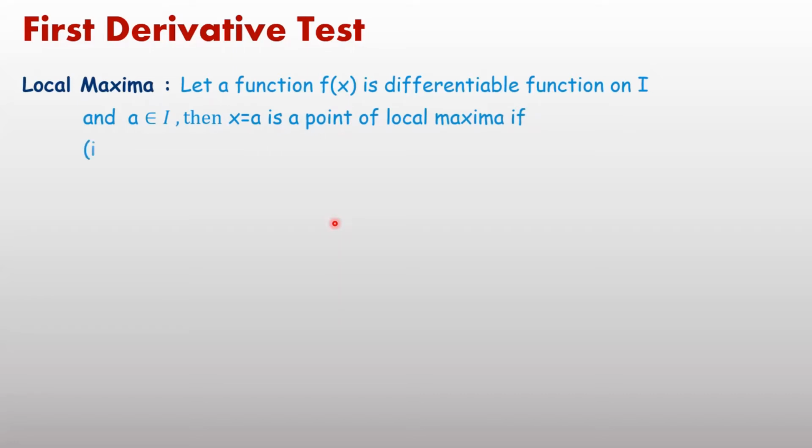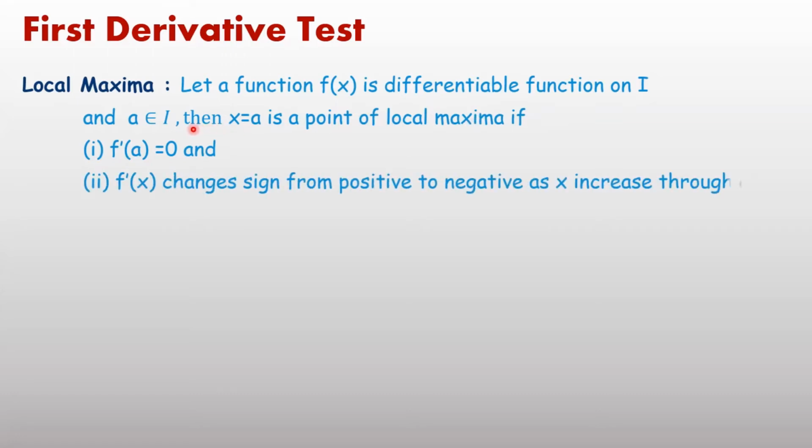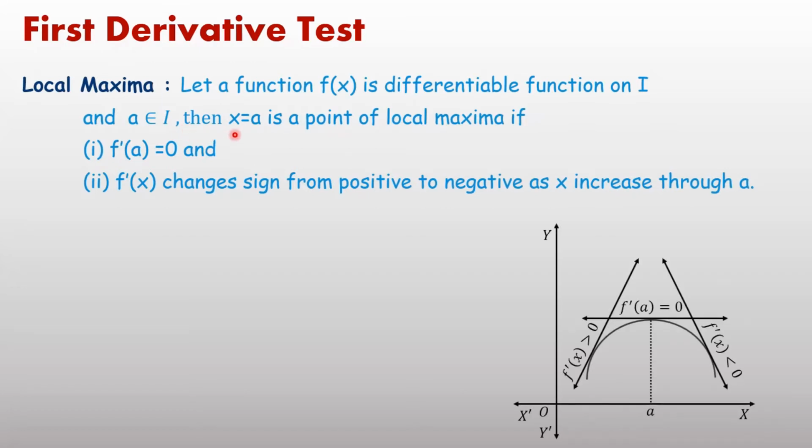Using derivative, the process to find the point of local maxima or local minima: if f(x) is differentiable in the given interval I and we take a point a belonging to I, then x equal to a is a point of local maxima if f dash a, meaning the slope of tangent at x equal to a, is 0. If the slope of tangent at a given point is 0, it implies that at this point the value of function will be maxima or minima.